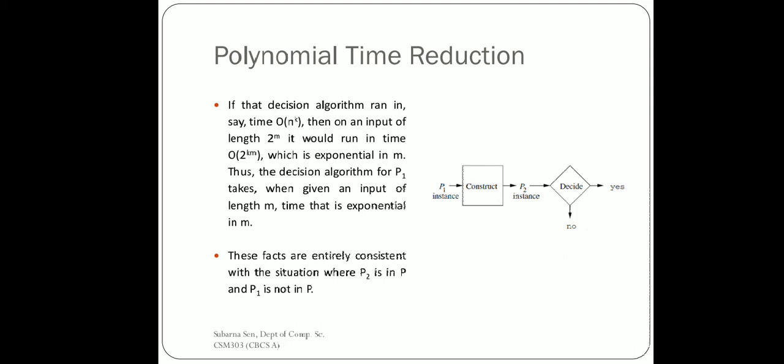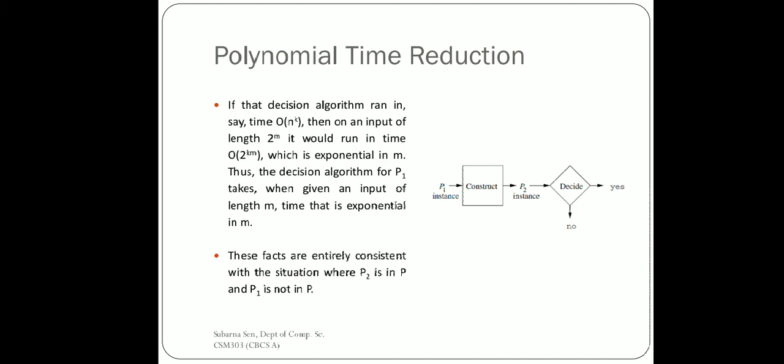Now this is an exponential in m. Now the decision algorithm for P1 takes, when given an input of length m, time that is exponential in m. So we have moved up to this, right?